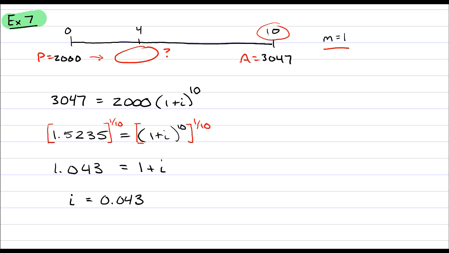By the way, it's worth mentioning that since M is 1, since we're compounding annually, this also happens to be the annual rate. It's not only the periodic rate, but it's the annual rate.